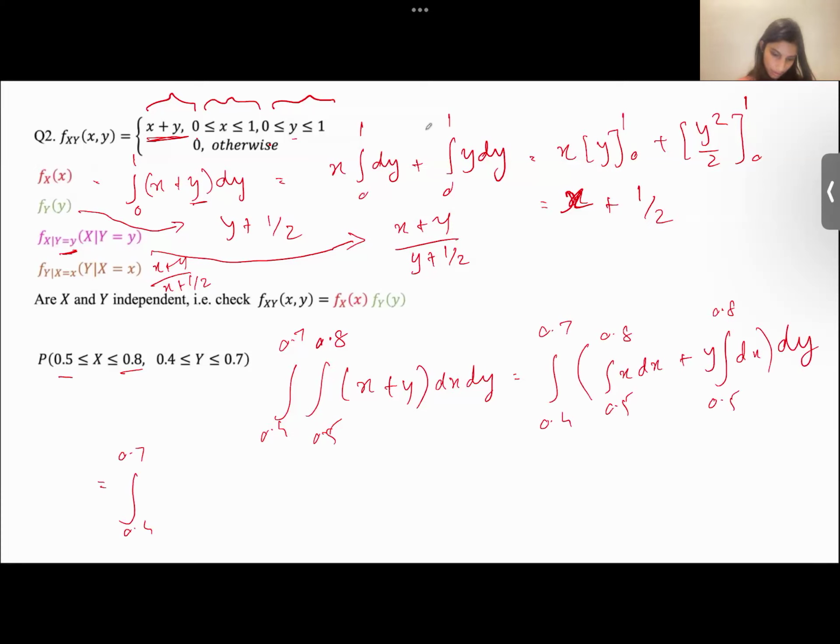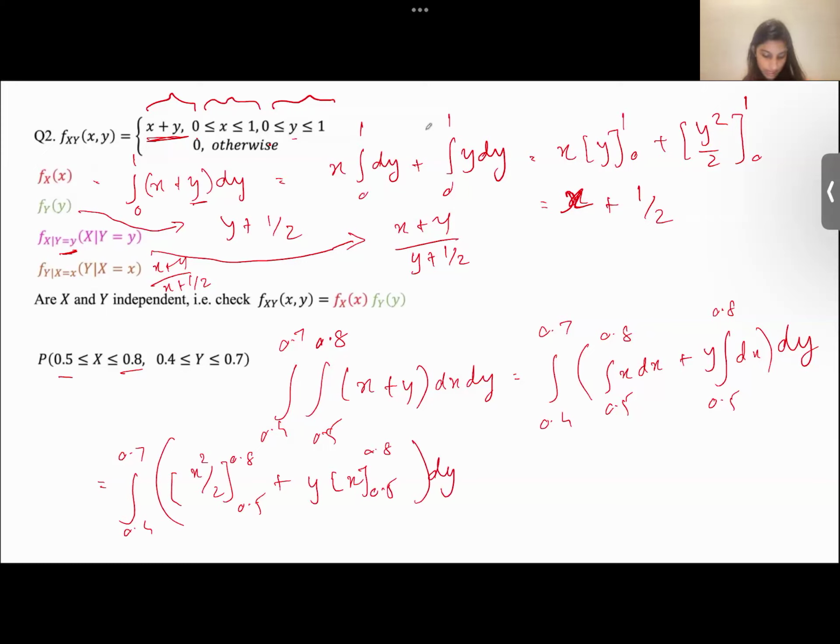What happens now? x square by 2, 0.5 to 0.8, plus y into x, 0.5 to 0.8, dy. Now, is this fine?